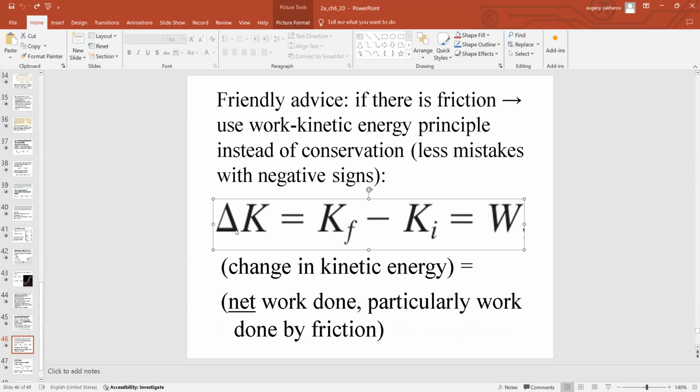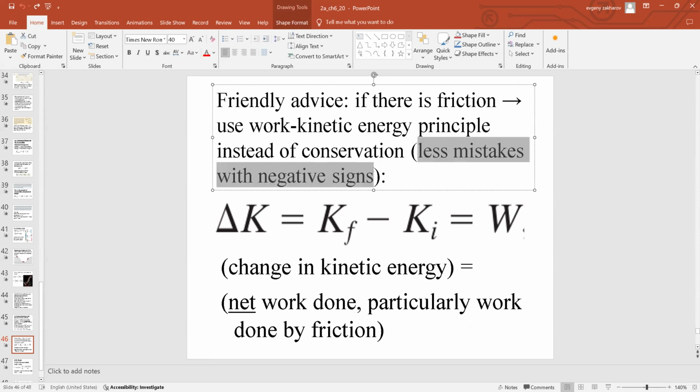So it's kinetic final, take away kinetic initial, that's your left side. And the right side is work done. And you can easily calculate work done by tension, gravity, normal, friction. And yes, work done by friction would be negative. That's fine. You don't care. You just add them up. And if you're adding up the negative, you're essentially subtracting, and that's exactly what you're going to get for the right answer.